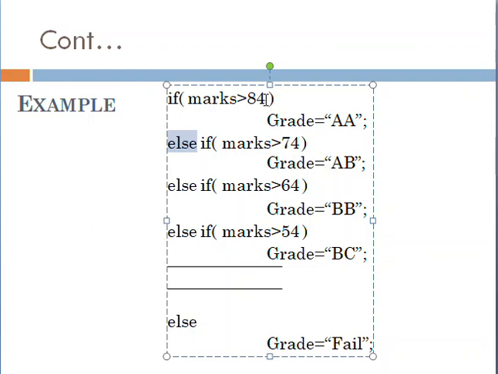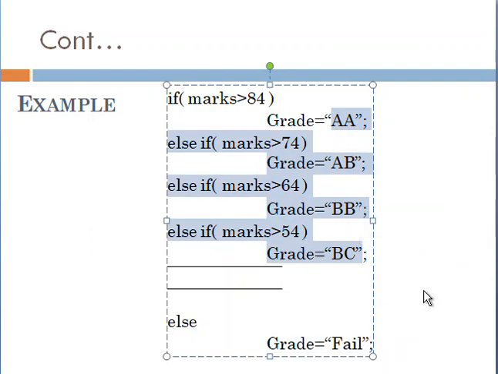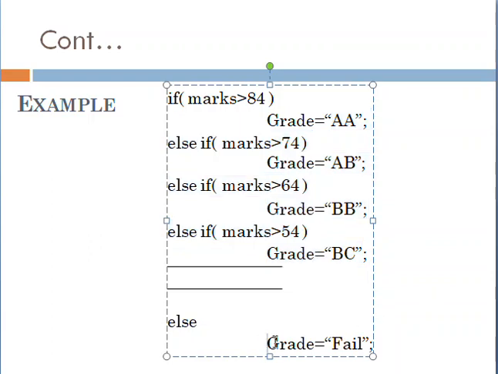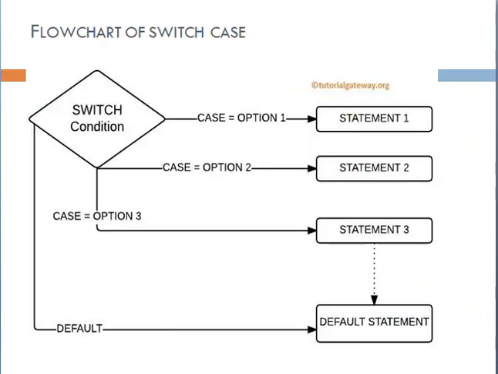So we have a chain sequence and a chain of conditions after one condition. So we use the ladder if else, and the default is the grade is fail. If any student does not fall in any of these grades, the student will be awarded grade fail.